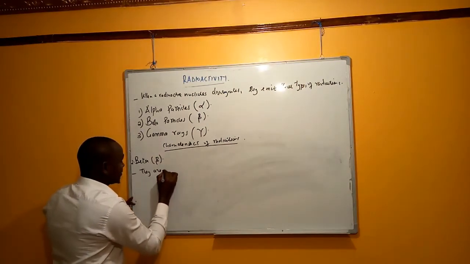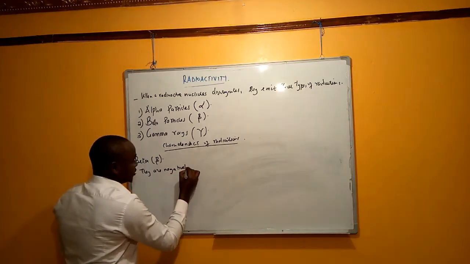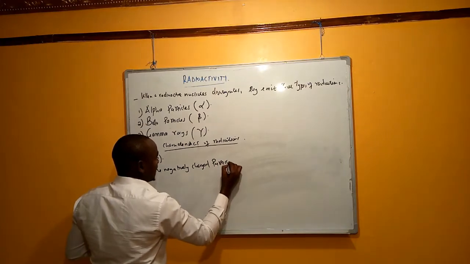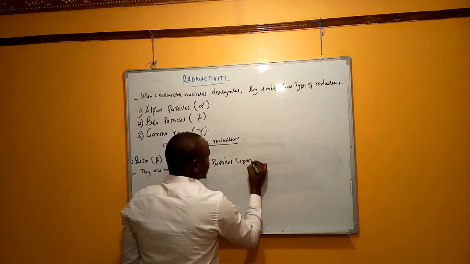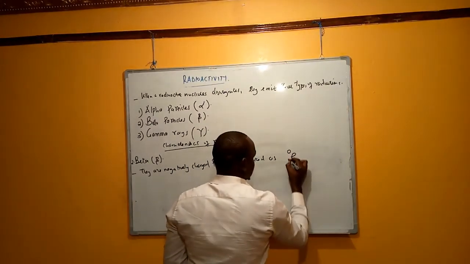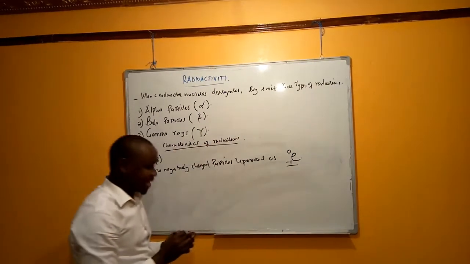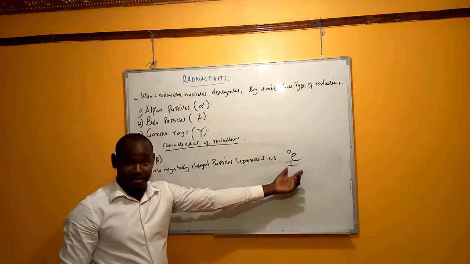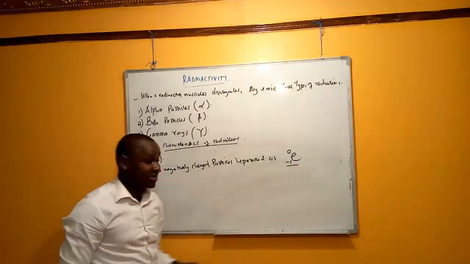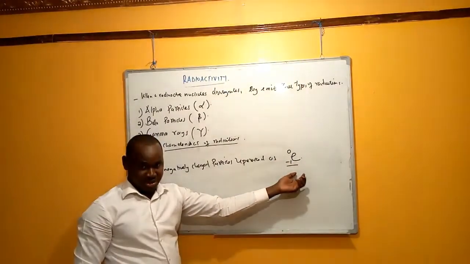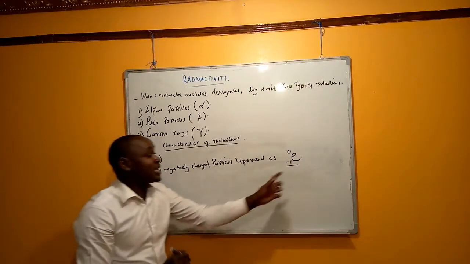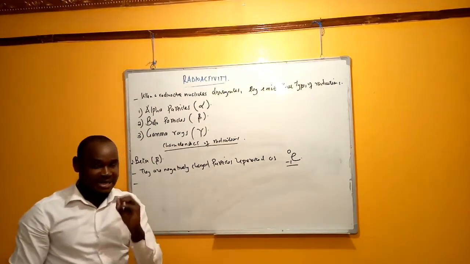That's the representation of a beta particle, with a negative one here, and this is 0. This is an electron. They are actually electrons, but beta particles are not electrons from the outer energy levels.